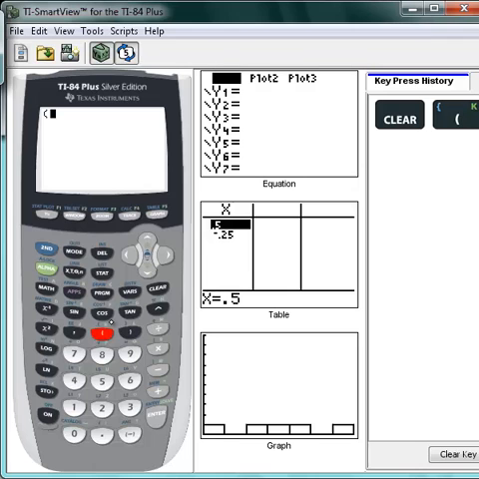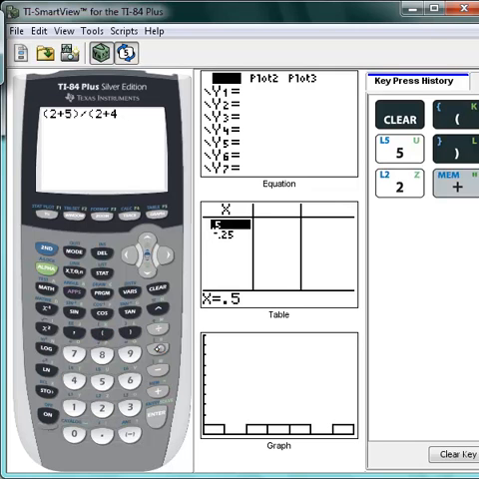I'm going to do an opening parenthesis, and then 2 plus 5 closing parenthesis, then divide by open parenthesis 2 plus 4 times 7 close parenthesis, and then I could go ahead and hit enter.